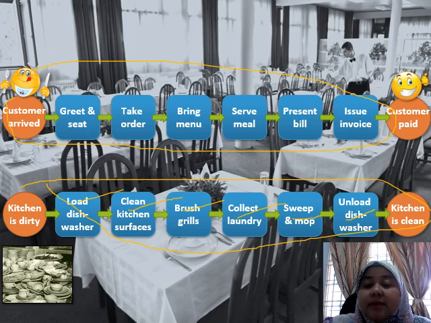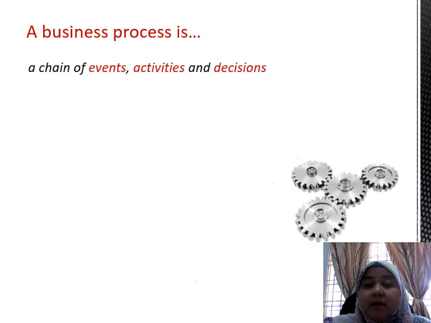Okay, we go next. So by definition, a business process is a chain of events, rantaian event. A chain of events, activities, and decisions.